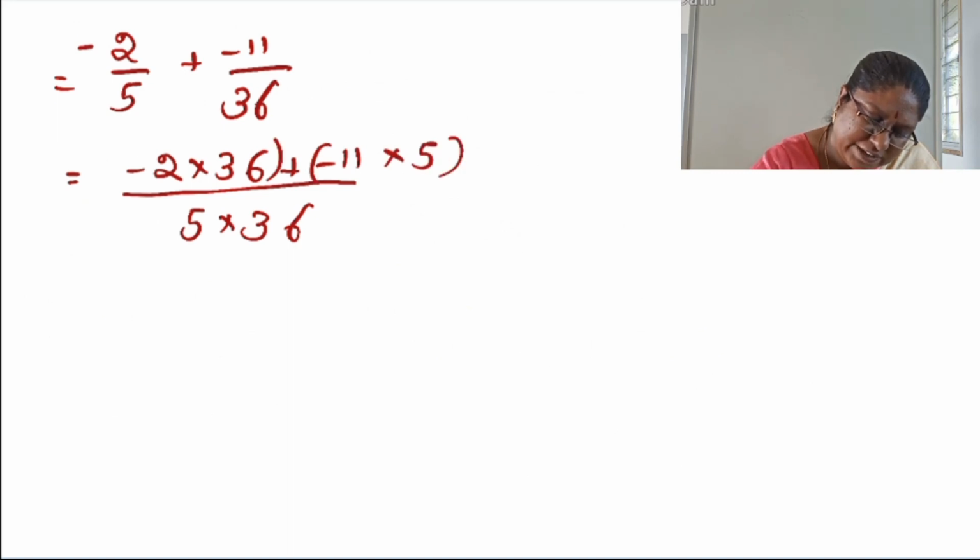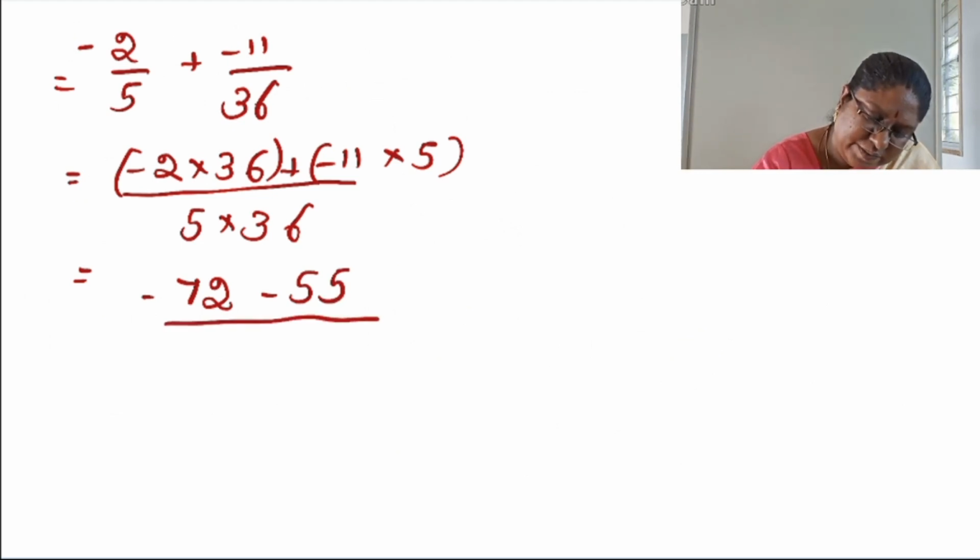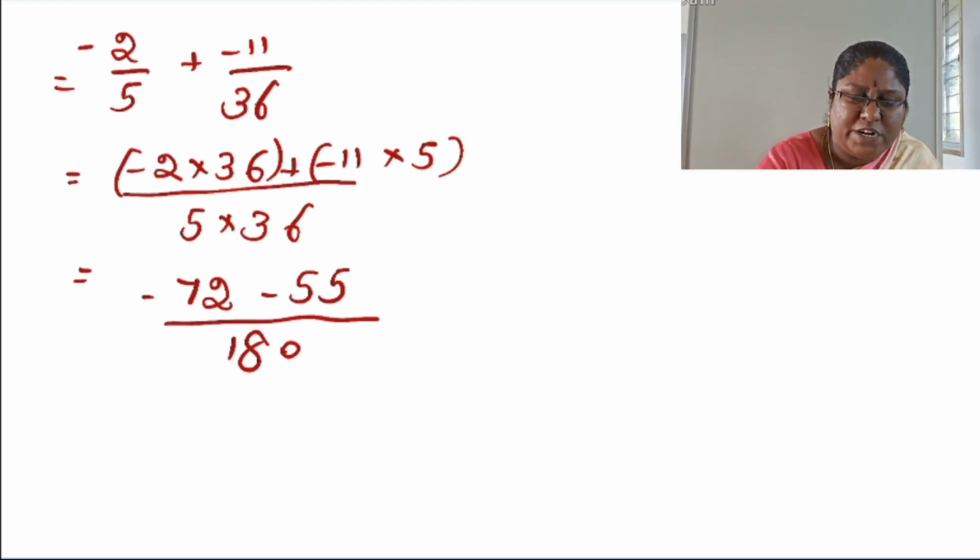Keep the bracket for the minus. What will you get? Here you are getting minus 72, here minus 55, by 180. So multiply it. Always try to do the multiplication in the rough column. If you have confusion, multiply on this side.